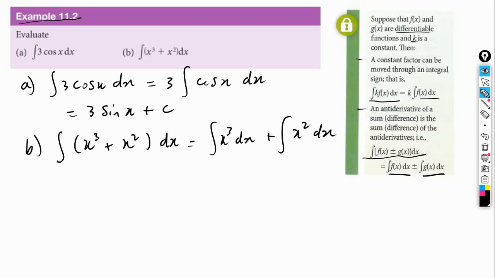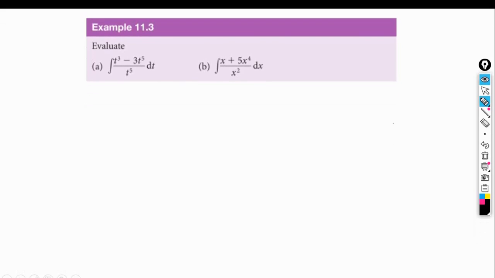And then this is easy to do because all we have to do is the sum. So this would equal x to the 4 over 4 for this first case, and then the other one is going to be x to the 3 over 3. And then we just write plus c, representing a possible constant.